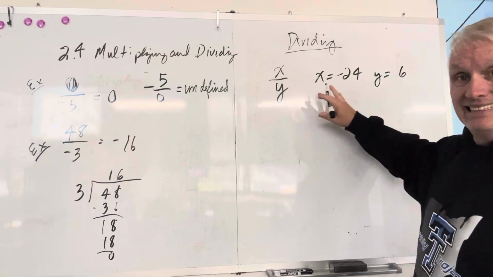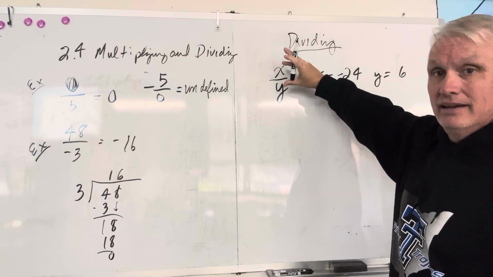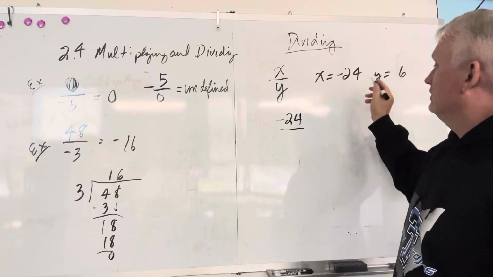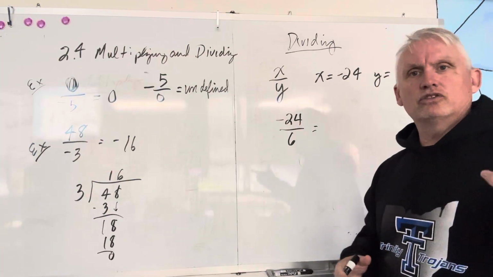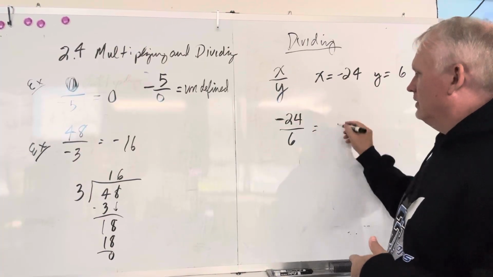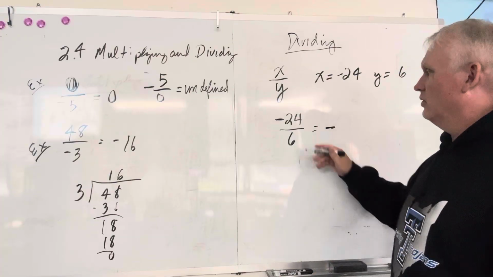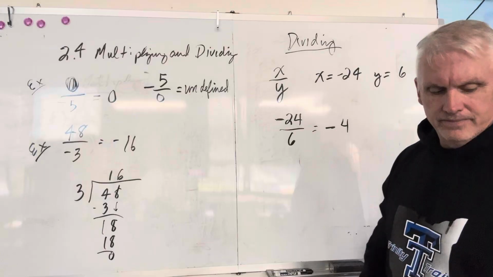When you have this, you take these numbers and you plug them in. So -24, which is x, divided by 6, which is y. Now again, your first question is, is it positive or negative? You have one negative number, so the answer is going to be negative. Now all you have to do is the division. 24 divided by 6, which is 4. Okay?